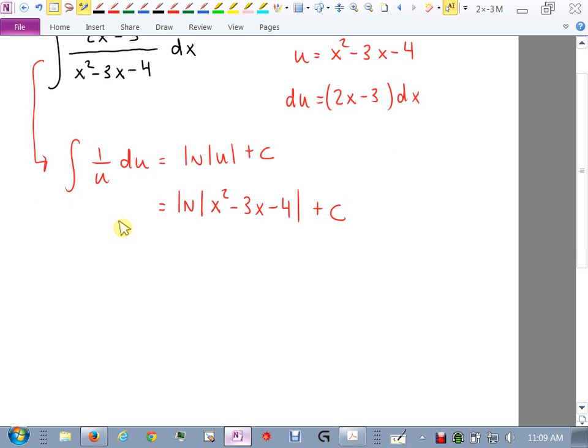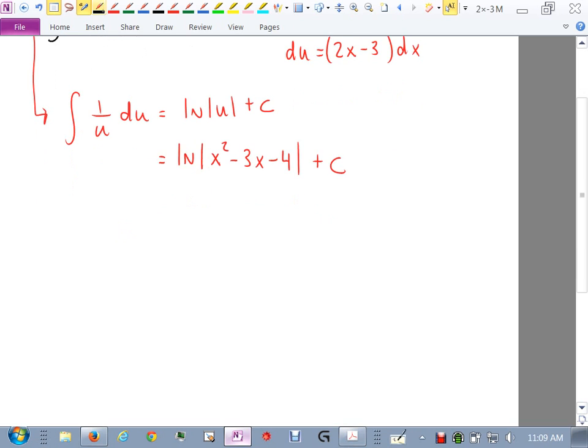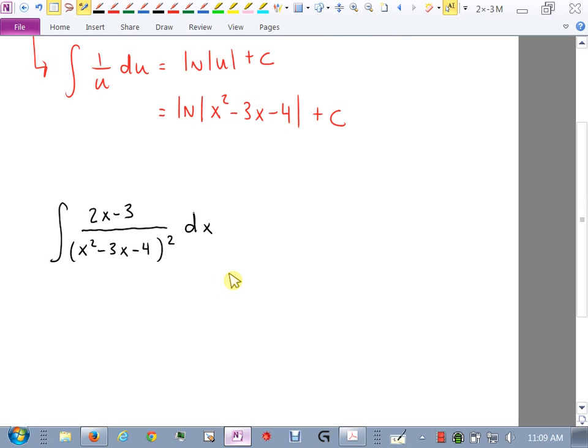Now, how would things change if I did something like this? Integral of 2x minus 3, again, over x squared minus 3x minus 4, squared, dx. Would that change a lot of things? No, because it's the same substitution, isn't it? u is equal to the bottom, and the du is up here.